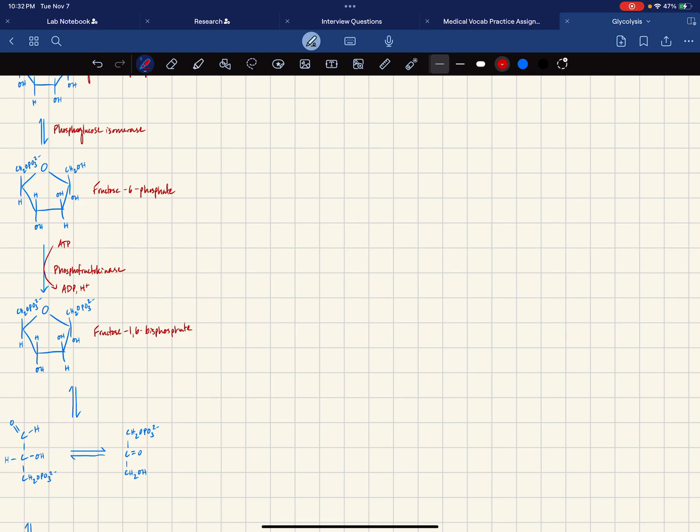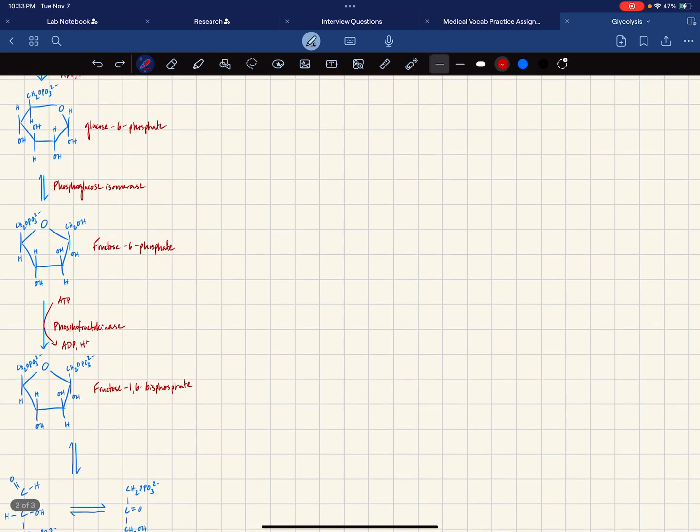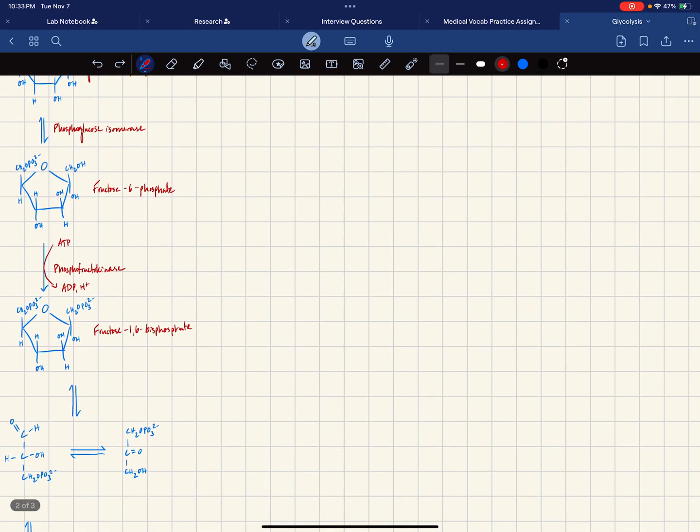But this bisphosphate, the bis instead of a di or another term like that, has to do with the fact that there's two phosphates, and they're on different carbons. If they were on the same carbon, then you would have, like how ADP is called adenosine diphosphate, you would call it fructose 1,6-diphosphate. But since they're on different carbons, we call it bisphosphate. That's just where that term comes from.